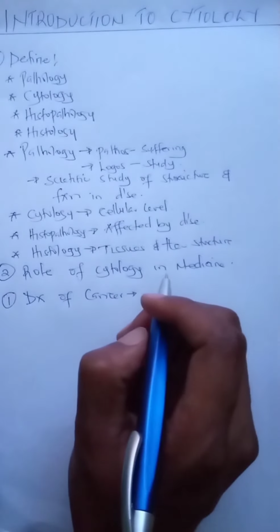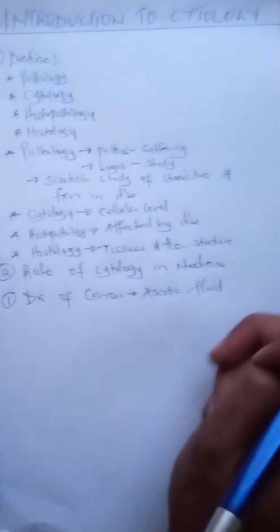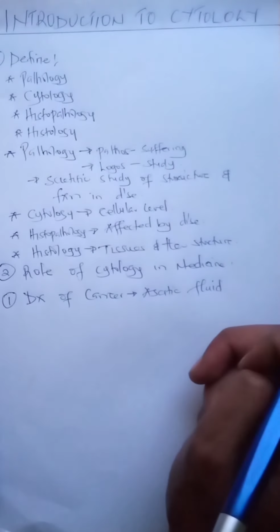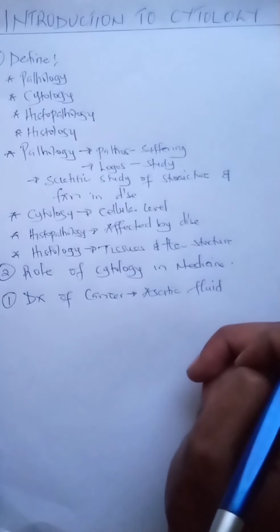So when we talk about preliminary diagnosis of cancer, this cancer must be confirmed later by histopathological techniques. For example, detection of ovarian cancer cells in ascitic fluid.